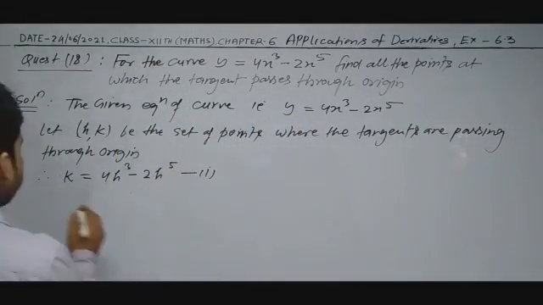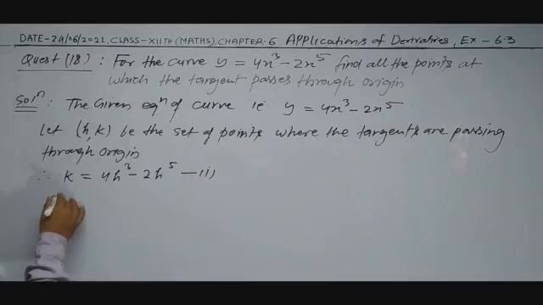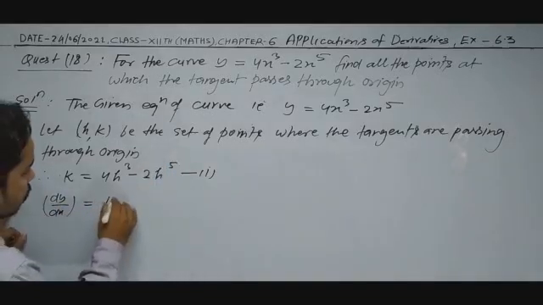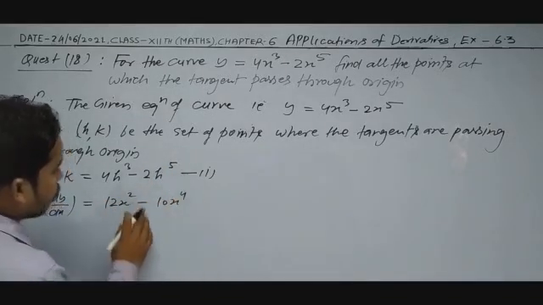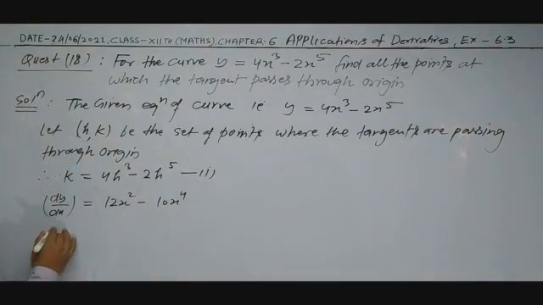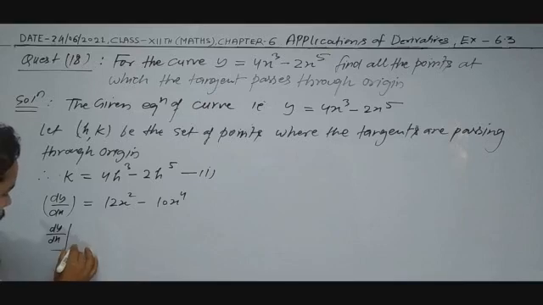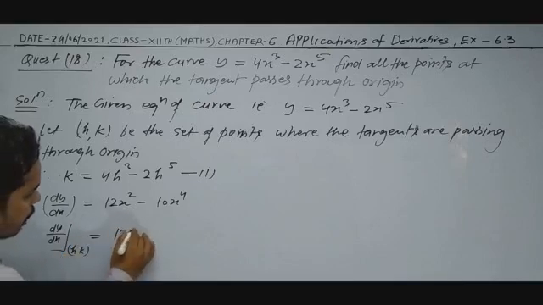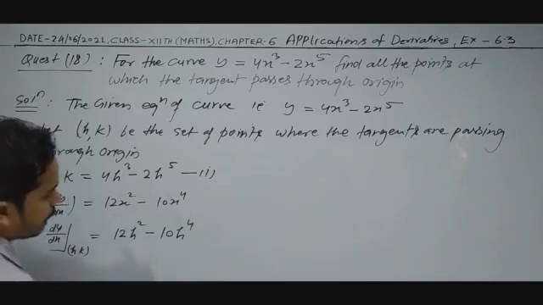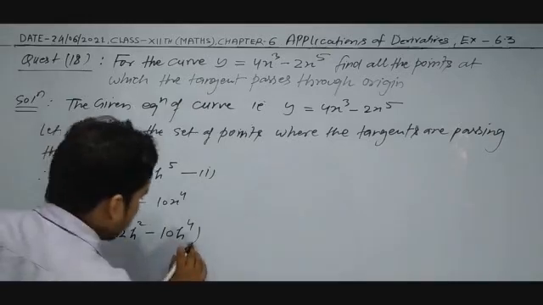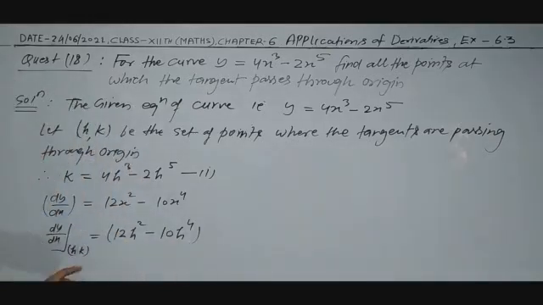You will get dy by dx is equal to 12x square minus 10x to the power 4, and dy by dx at h comma k is 12h square minus 10h to the power 4. This is the slope of tangent at h comma k.